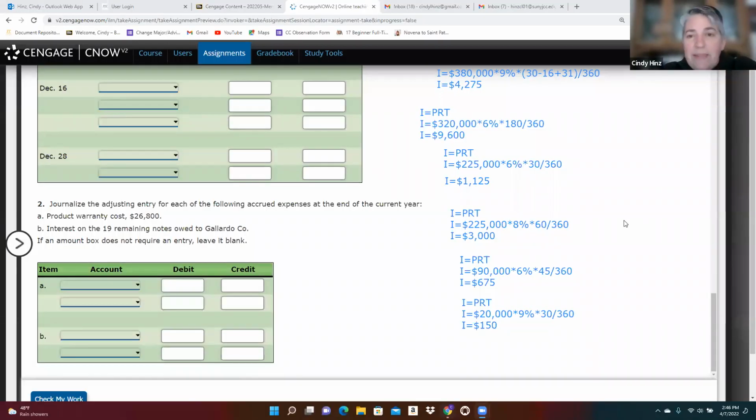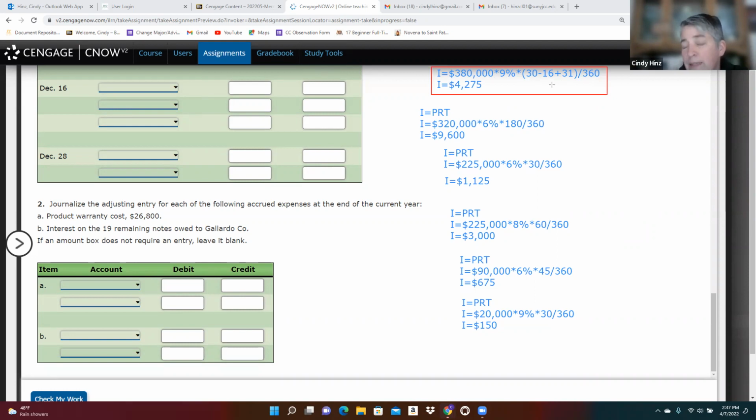Okay, so we did some investigating, and I looked at what the software thinks the answer should be, and I'm just going to tell you that their answer is wrong, because they did exactly the same calculation that we did here, except rather than using 45 days, they used only 30 days.